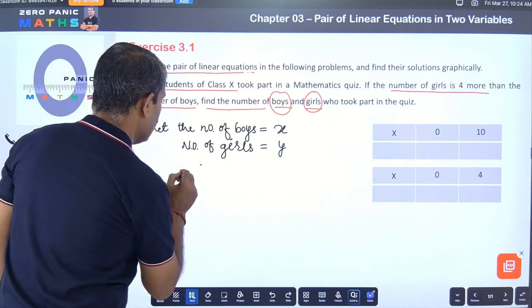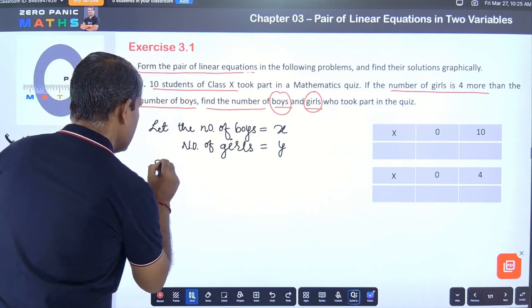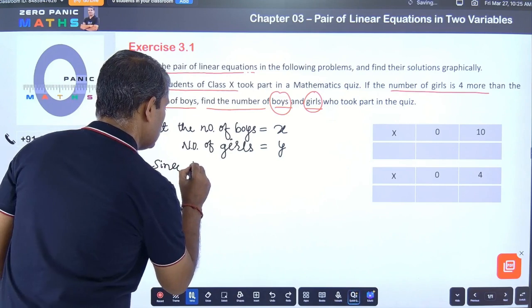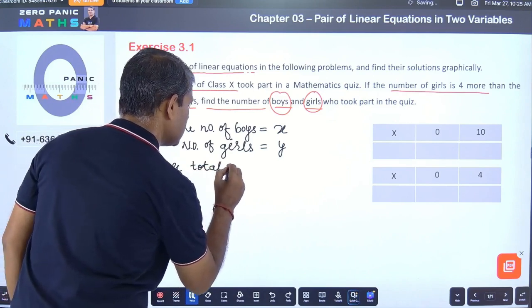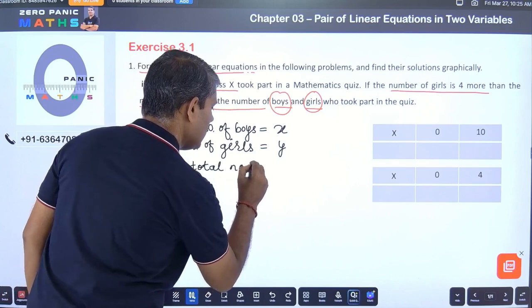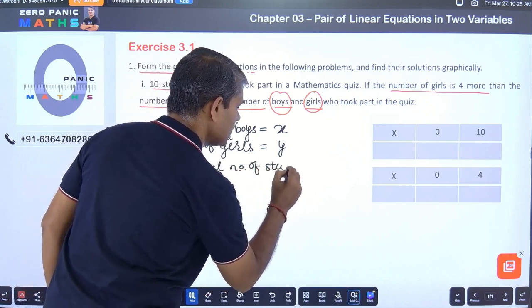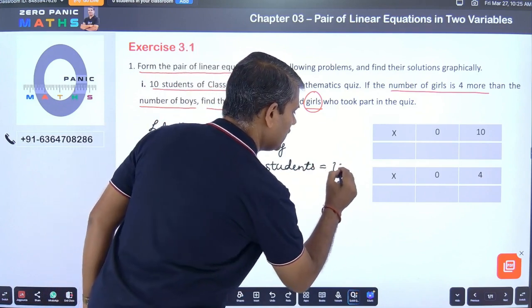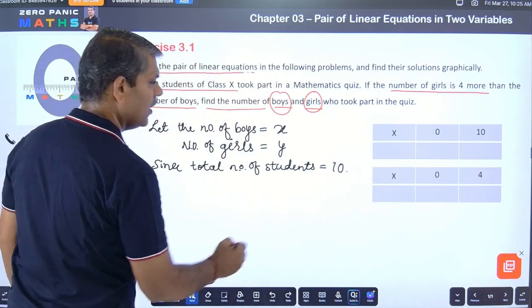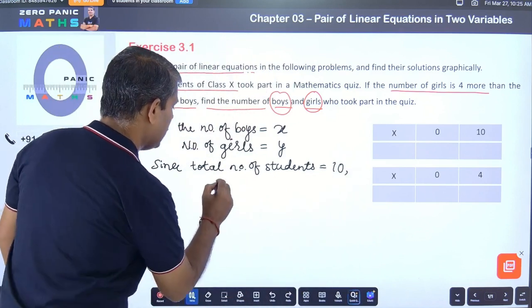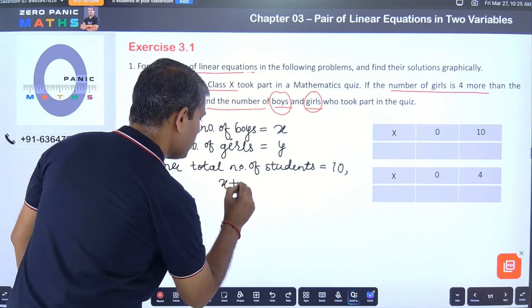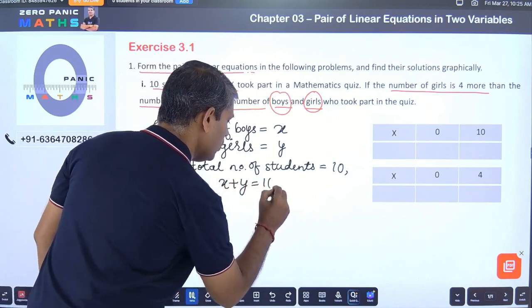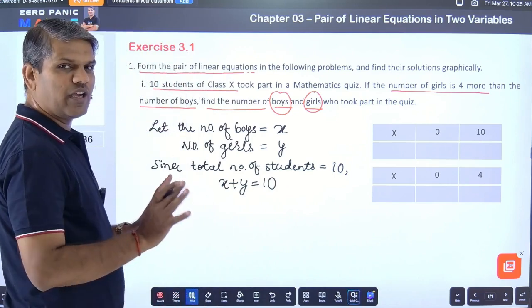Since the total number of students is equal to 10, I can say x plus y is equal to 10 is one equation for us.